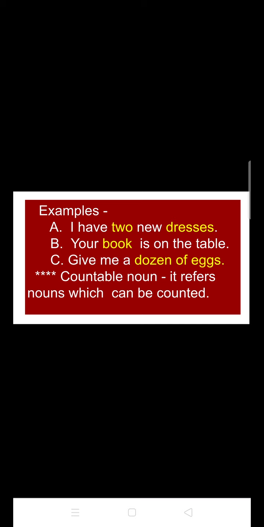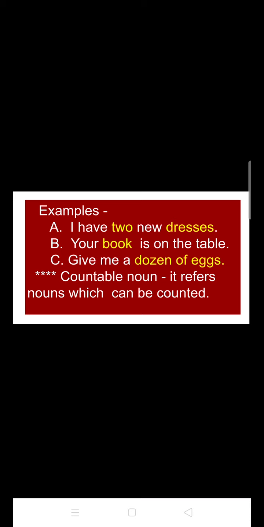Number one is, I have two new dresses. Next, your book is on the table. Number three, give me a dozen of eggs. If you notice the sentences, you can find that I have highlighted a few words.